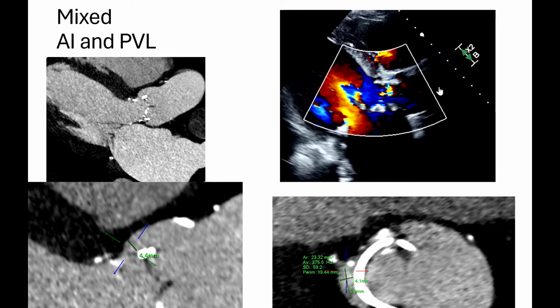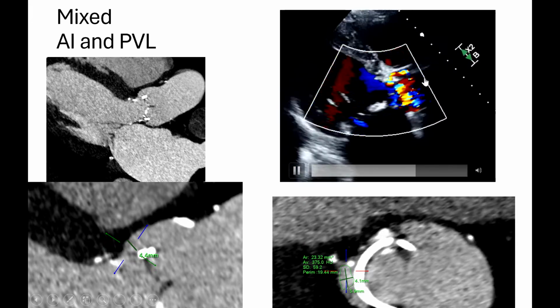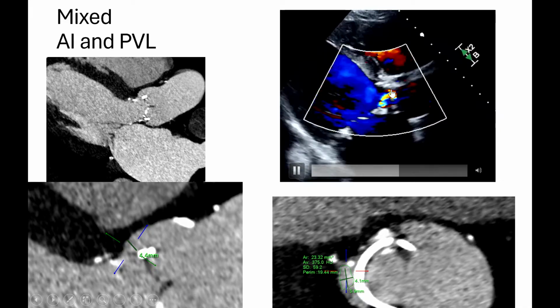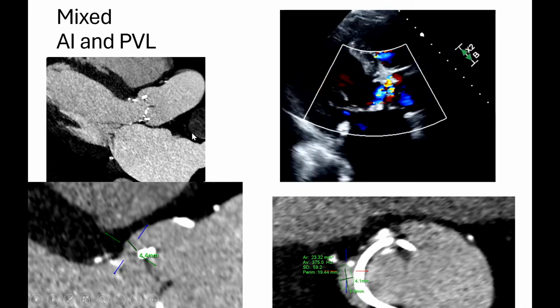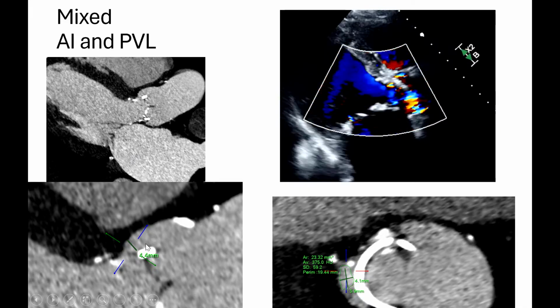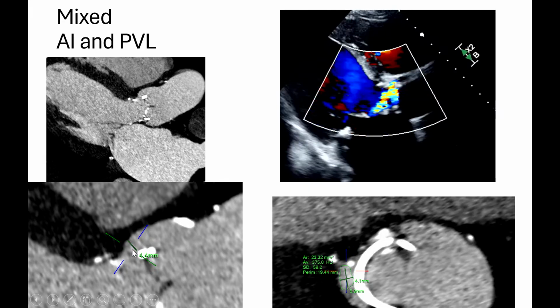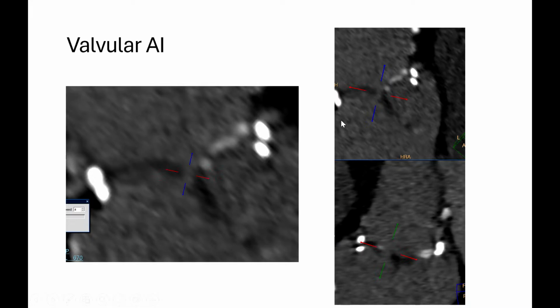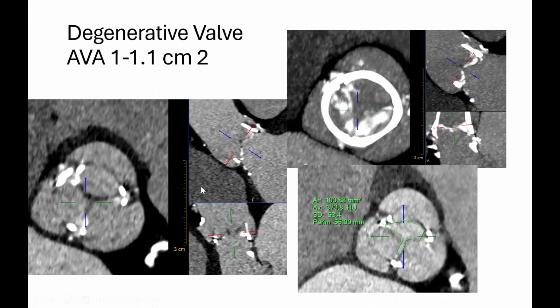And of course, there are always cases of mixed etiology. Like this case, this looks like a very eccentric paravalvular jet by transthoracic echo. And so again, the importance of matching the same view. By close examination of the leaflet, it looks like there's a gap.